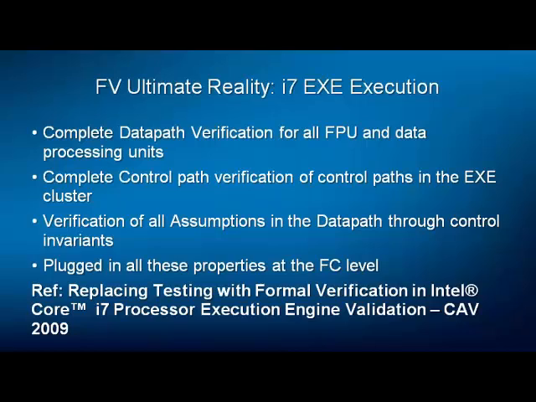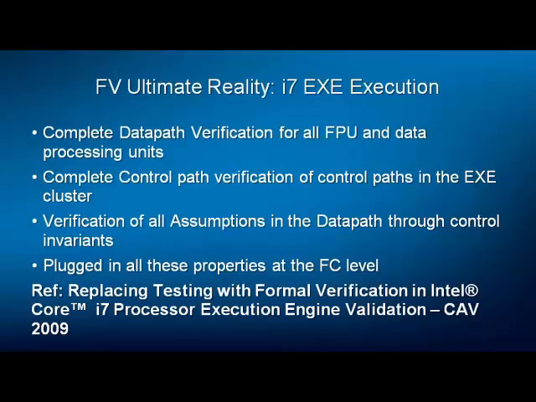The other thing they did is that whatever assumptions we have in the control path or the data path were plugged in as control invariants in the regular regressions, the high level, full chip level regressions. So if there were any problems with any assumptions, those would have been caught. Luckily, there was only one escape because of one wrong assumption, but as such there were no other escapes.